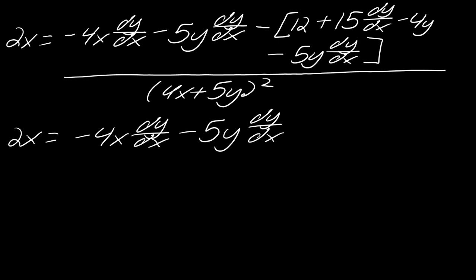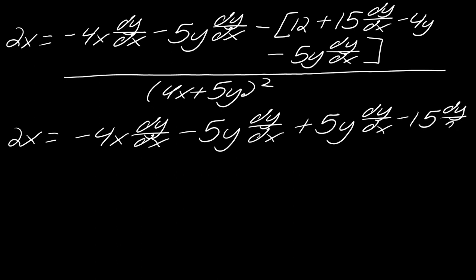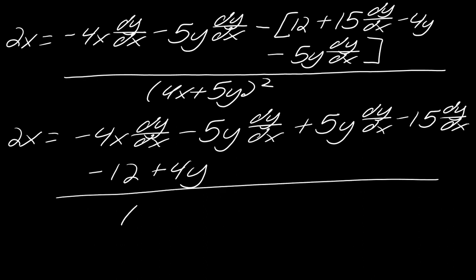So this is going to become plus 5y dy/dx, and then minus 15 dy/dx, and then minus 12 plus 4y, and then all of this is still over that denominator. As you can see, sometimes these problems take up a lot of paper, but now we have some good news out of this, right? So I can drop these 5y's. I'll go ahead and do that.